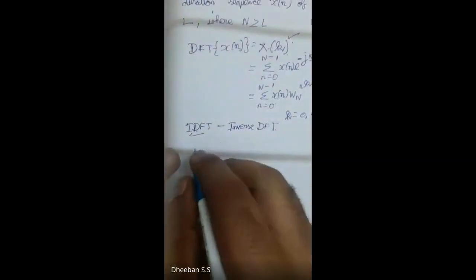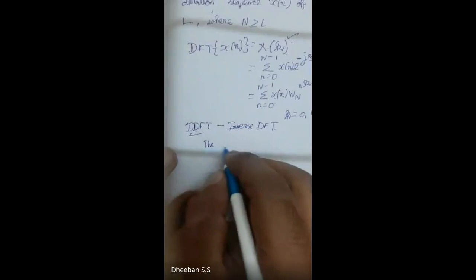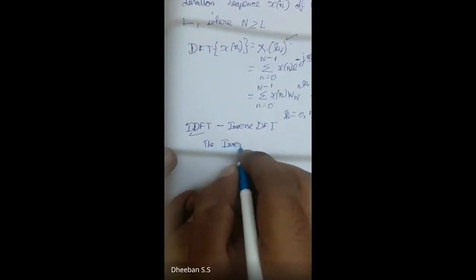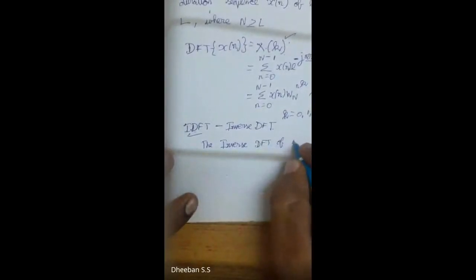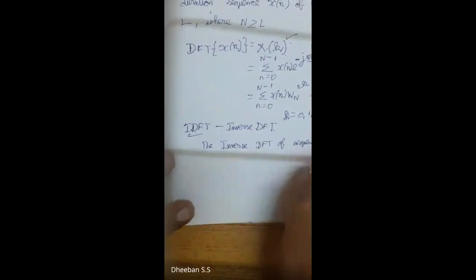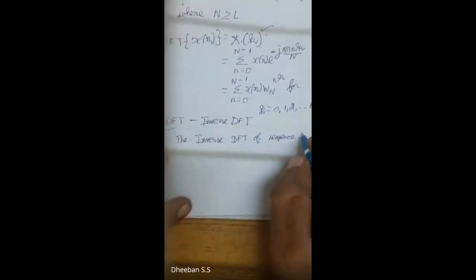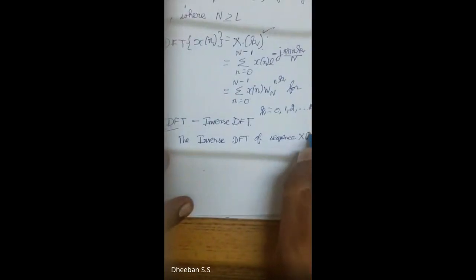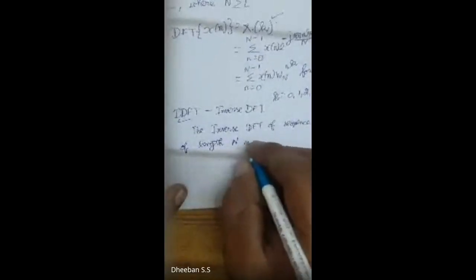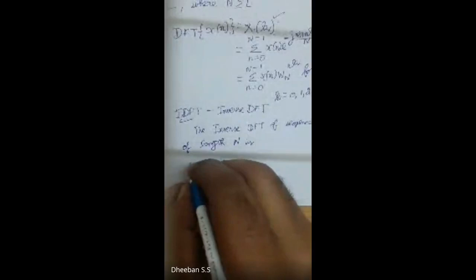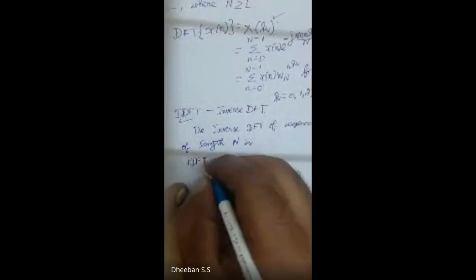The inverse DFT of a sequence x of k, which is of length N, is defined over x of k, not on x of n.